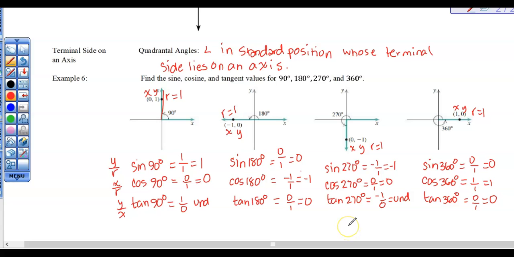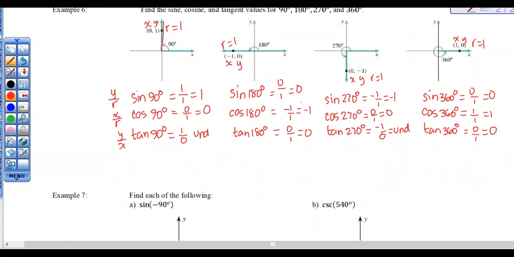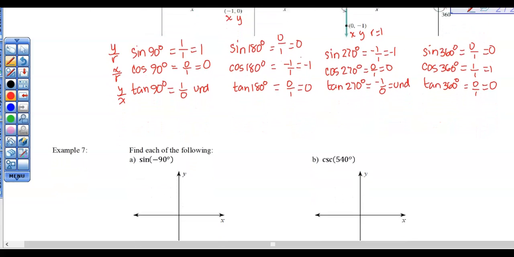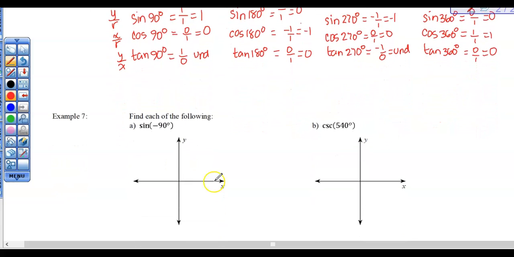Okay, and so now what we're going to do is expand this information that we've just learned here to coterminal quadrantal angles. So for example, on this problem here, it's asking us to find the sine of -90 degrees.